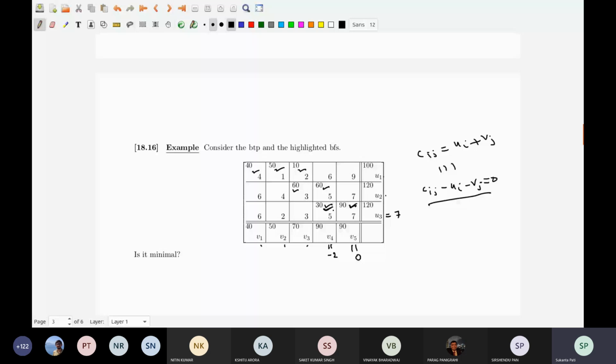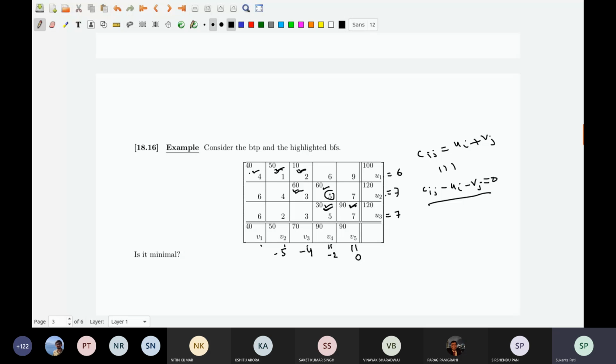Because v4 is minus 2 and this sum is 5, so this has to be again 7. Now because this is 7 and this cost is 3, so here I should have minus 4. Now because V3 is minus 4 and here I have Cij 2, so I should have this equal to 6. Now once this is 6, because of this 1, I will have a minus 5 here. Because this is 4, I will have a minus 2 here.